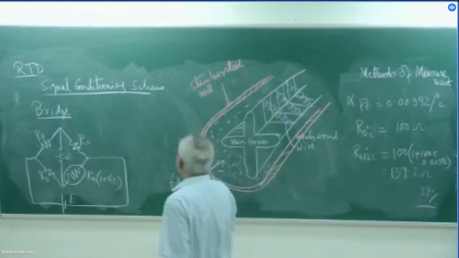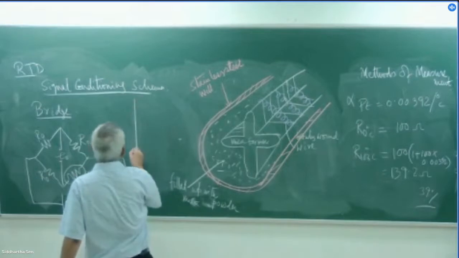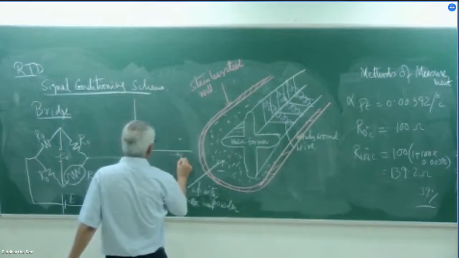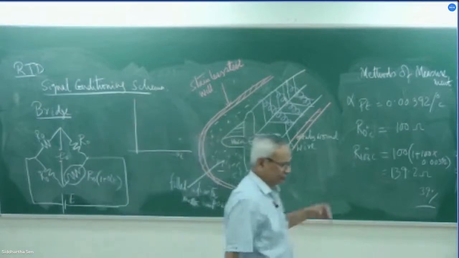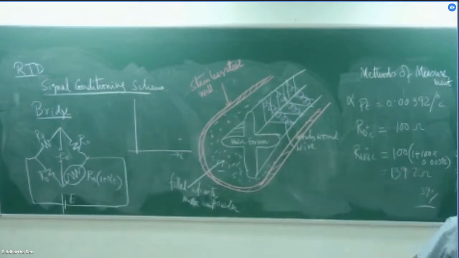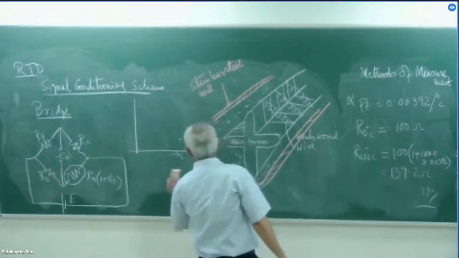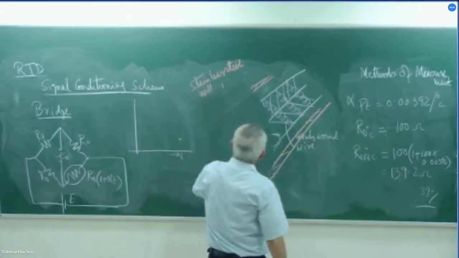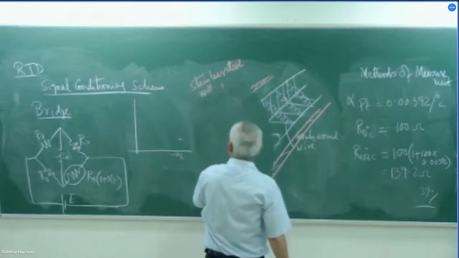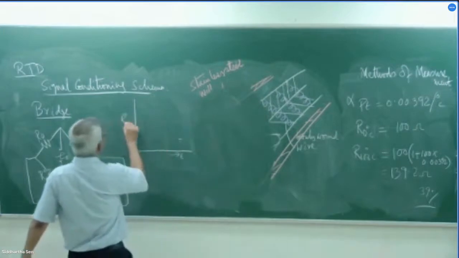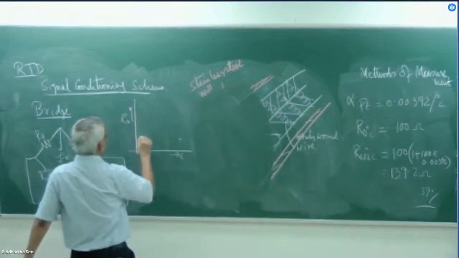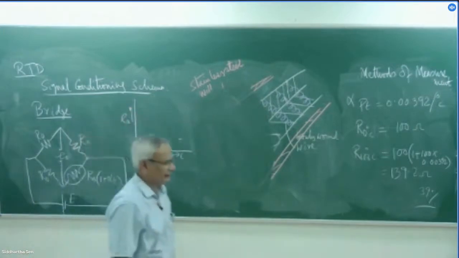But if I try to plot, T is the temperature and E0 is the output. Will it be a linear characteristic?